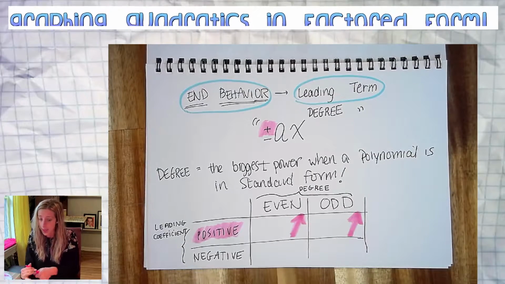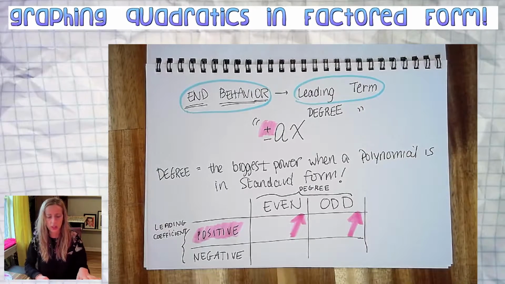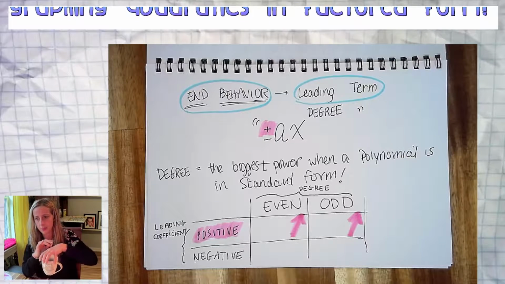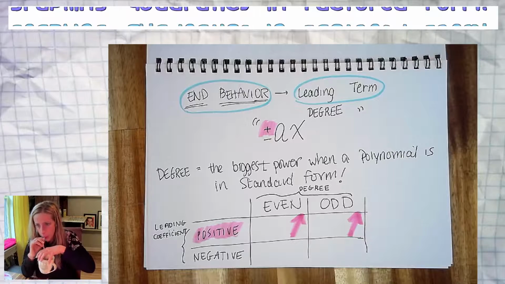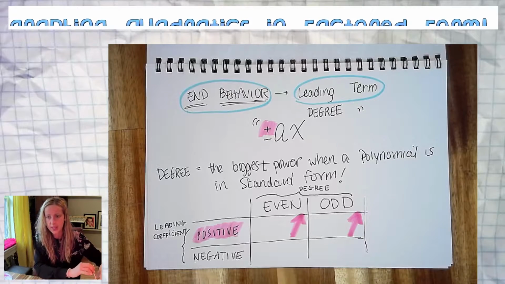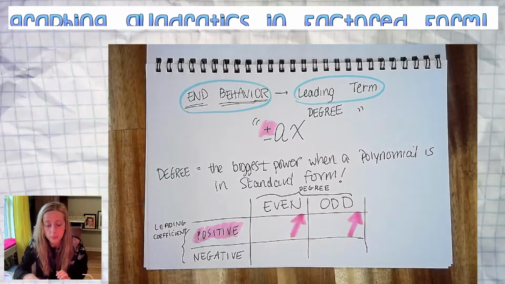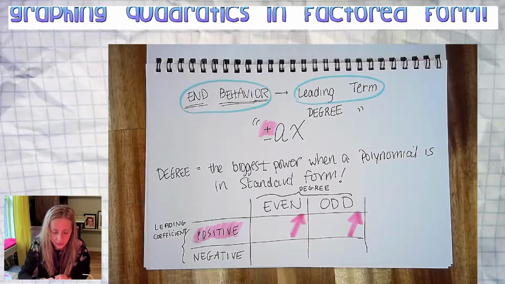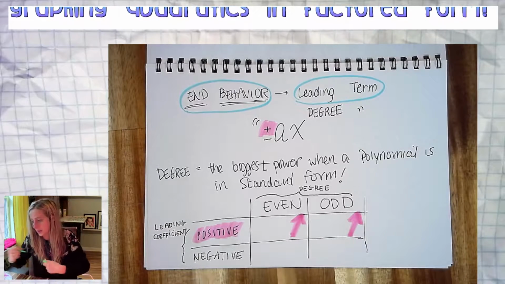Okay, that being said, what other conclusion can we make? Justin, you want to tie it together for us? Yeah, so negative would be down. Yes. If it's negative, it'll be pointing down.